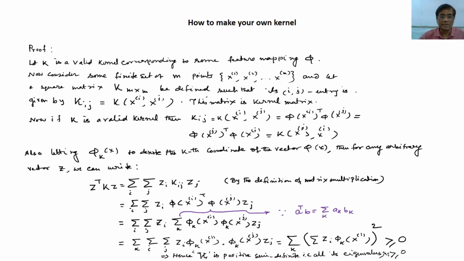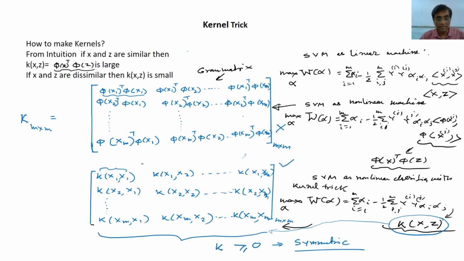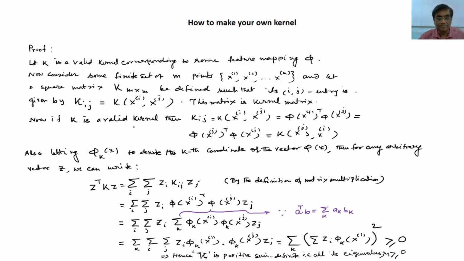Now it is clear what a kernel matrix and a kernel function are, seeing this one, okay. And now if K is a valid kernel, not every square, symmetric matrix will be a kernel.